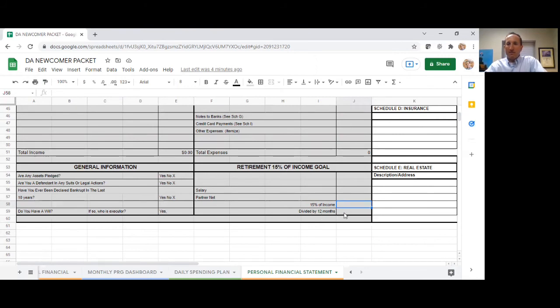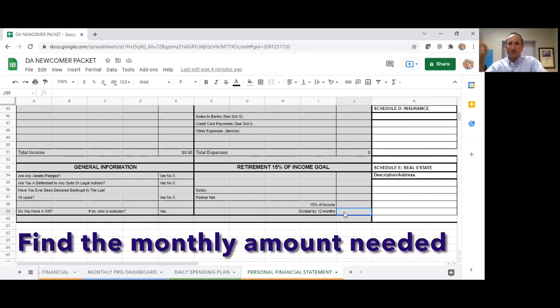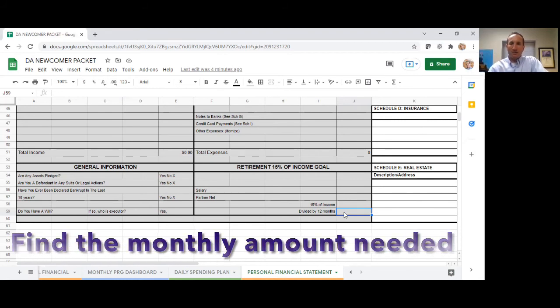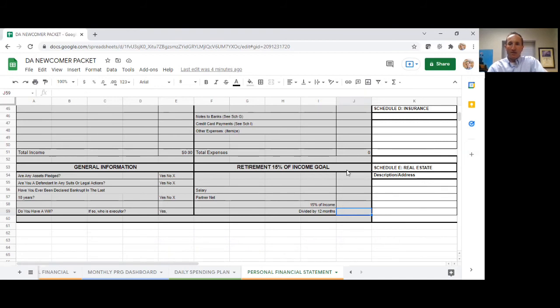Then I can divide it by 12 and come up with how much I need to be putting away every month to know that I'm putting away 15% of my annual income off the top into a retirement account. That's just a neat little tool that I created in my spreadsheet to make sure that I'm saving properly for retirement.